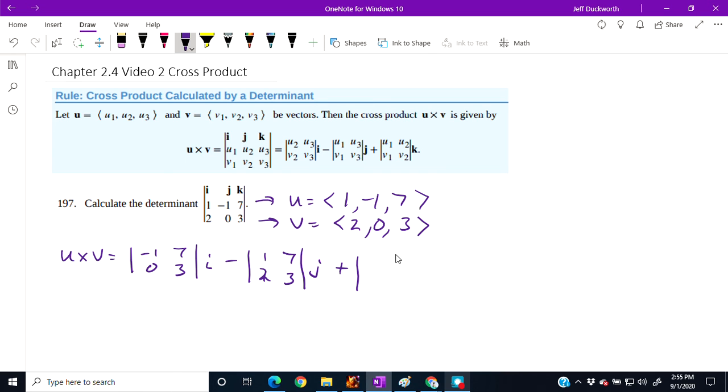So when we get rid of K, we're left with the first column 1, 2, and the second column -1, 0. And now we do the determinant. So recall, if you have this, determinant of this is AD minus CB.